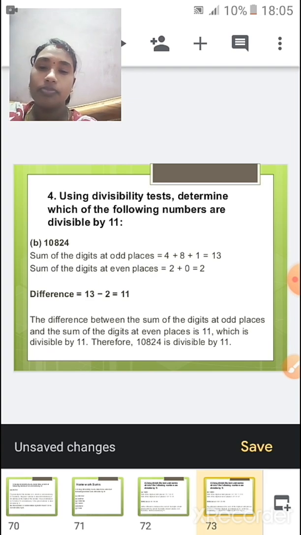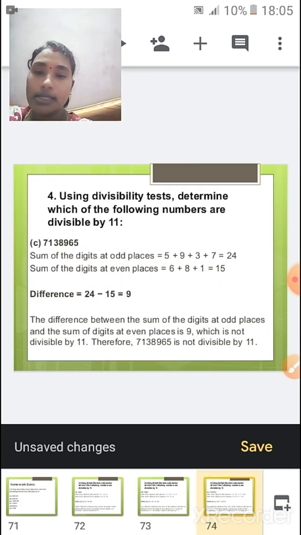So the next sum, that is C sum, it is a pretty big number. Okay, so let us see how we can find the digits at the odd places. So taking from the right, you have 5, 9, 3 and 7 in the odd place, and in the even place you have 6, 8 and 1.